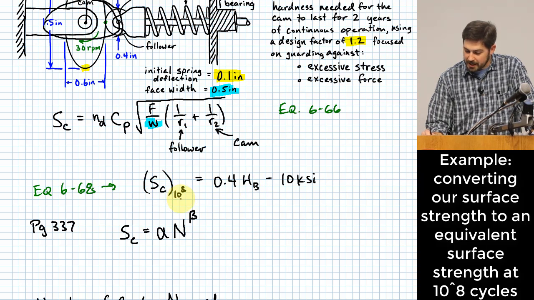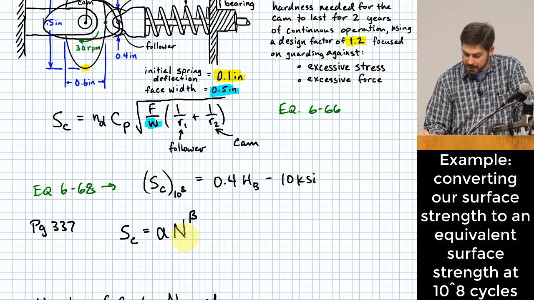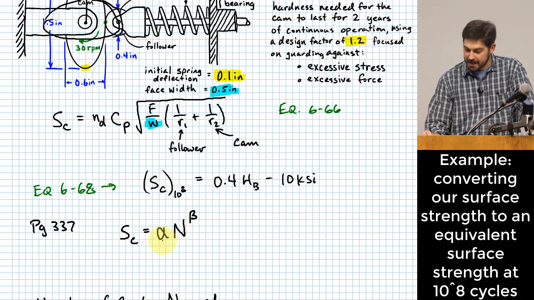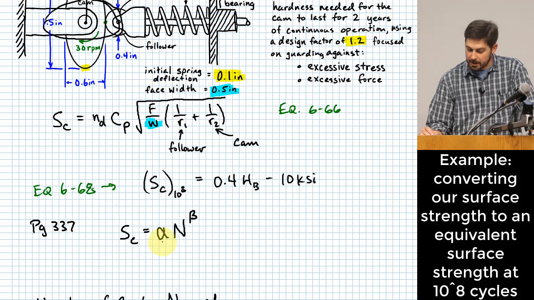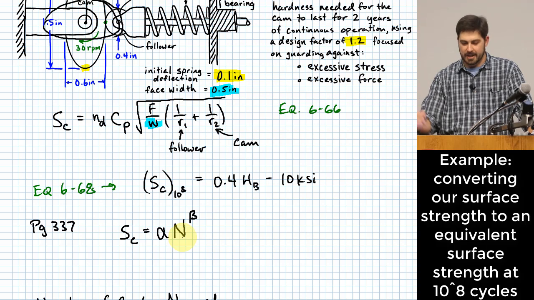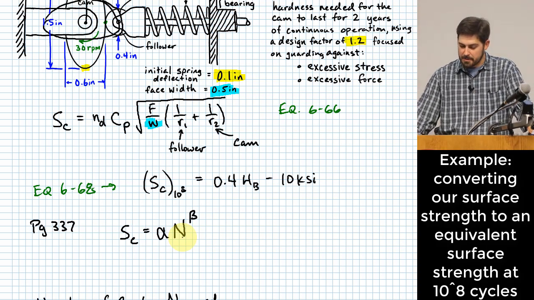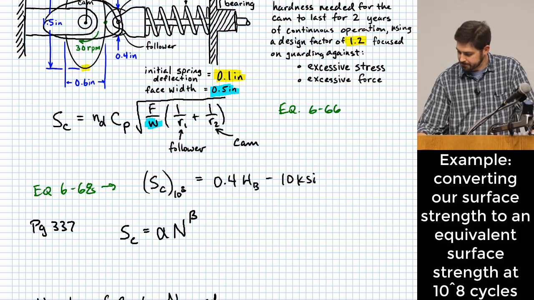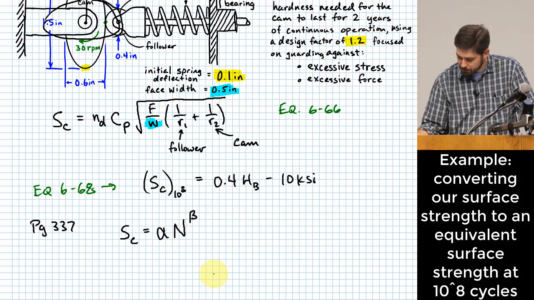And so we know the surface strength we need at the number of cycles that we need, so that we can calculate alpha and then plug that into an equation where n gets moved to 10 to the 8th cycles, and use the same alpha and beta to figure out S sub C. So that's where we're going to go with this. Without further ado, let's do that.